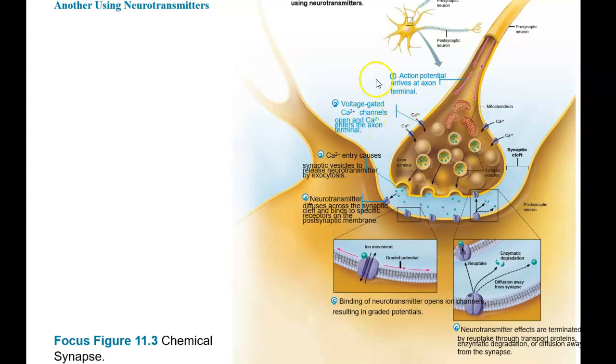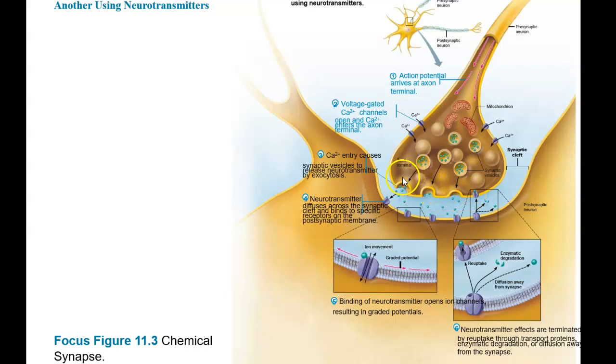And then calcium is going to enter the neuron, because calcium is higher outside of the neuron than it is inside, so it'll travel along its concentration gradient and move inside. When calcium moves in, it's going to cause the synaptic vesicles to release the neurotransmitter. All of these are synaptic vesicles, and they contain the neurotransmitters. So when calcium enters, it'll cause those synaptic vesicles to release the neurotransmitters.